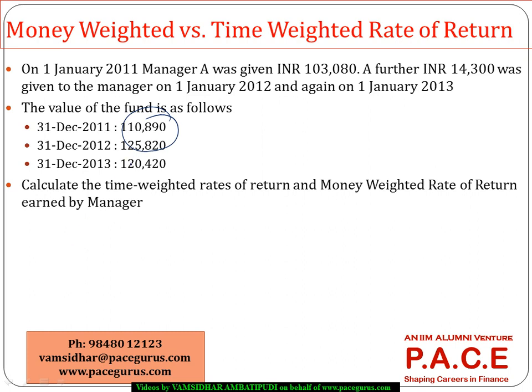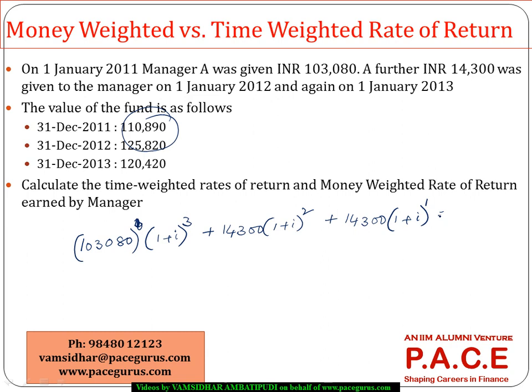So initially 103,080 has been invested for a 3-year period, and after that 14,300 was an additional cash flow which is invested for a 2-year period, and another 14,300 was given on 1st Jan 2013 which is invested for a 1-year period.